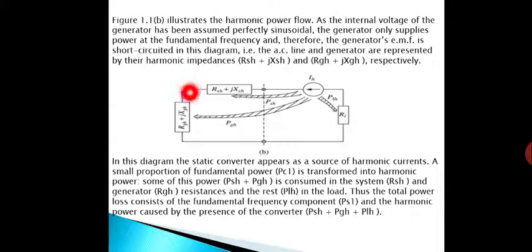So the figure 1.1b illustrates the harmonic power flow, as the internal voltage of the generator has been assumed perfectly sinusoidal. The generator only supplies the power at a fundamental frequency, and therefore the generator EMF is short circuited in this diagram.